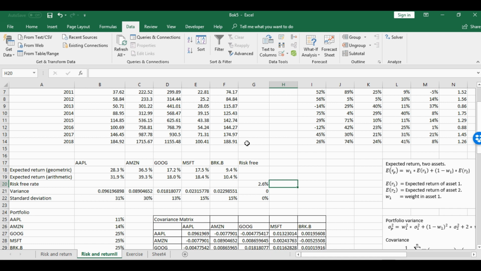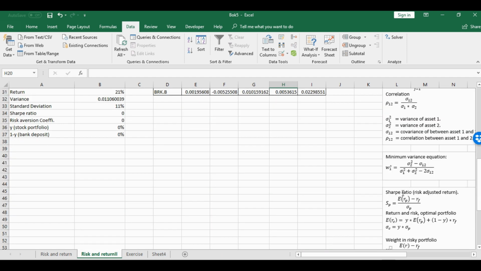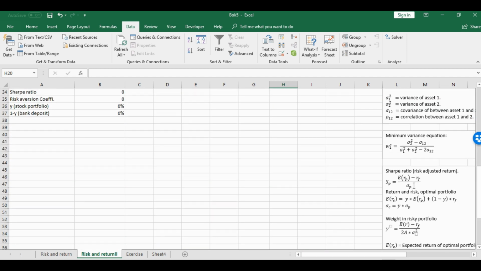Let's first find the combination of stocks that maximizes the Sharpe ratio. Sharpe ratio is the risk-adjusted return. Basically, the return that exceeds the risk-free rate when you take on one more unit of risk.